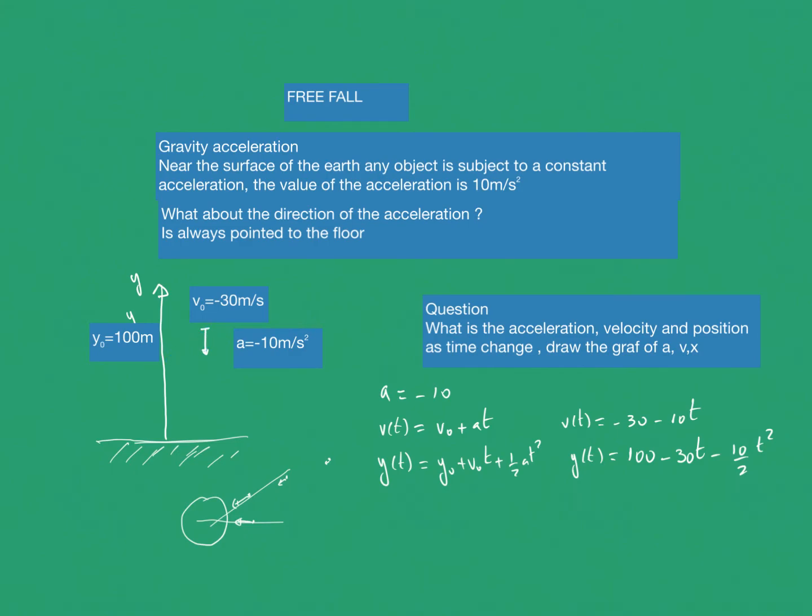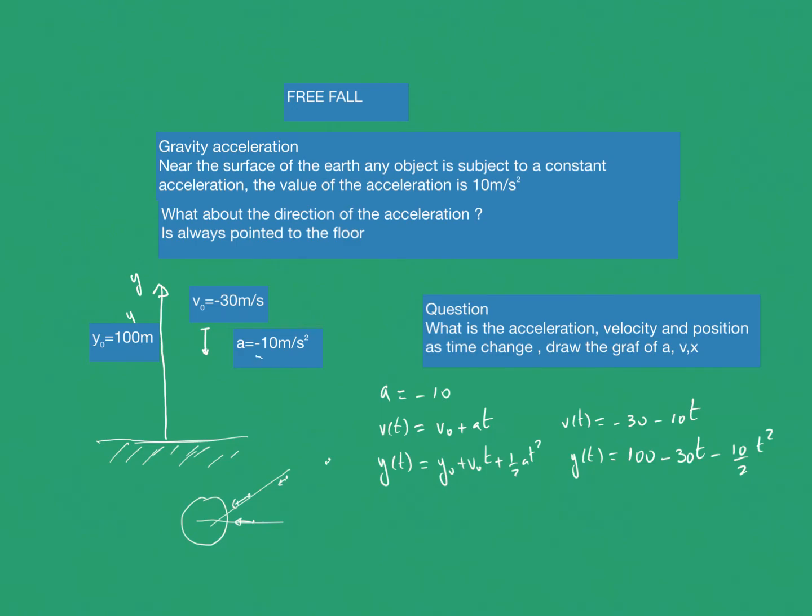Now, the problem is the same problem that we already studied in the previous example with the car. If I launch an object with velocity minus 30 meters per second, the acceleration is going downwards.